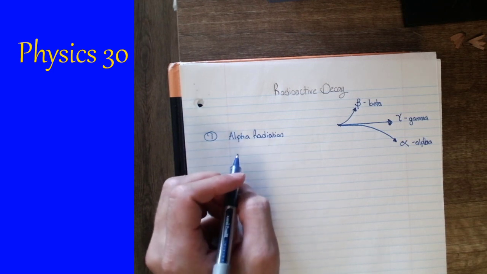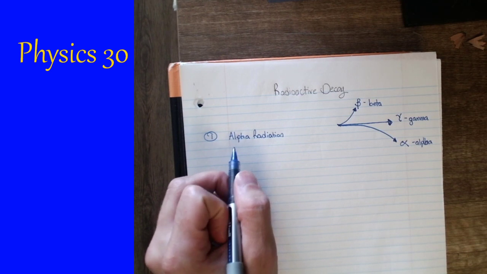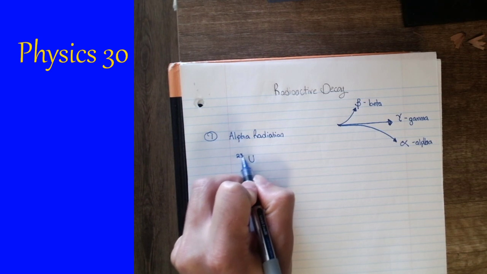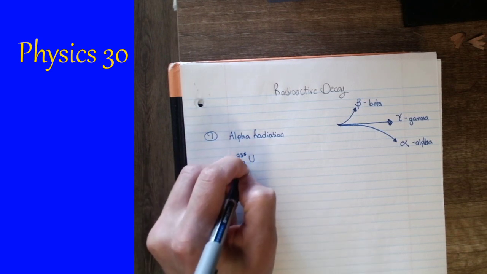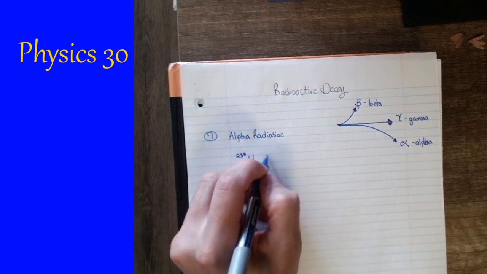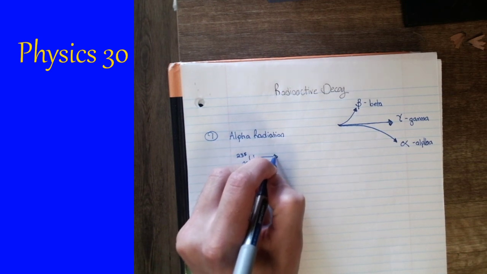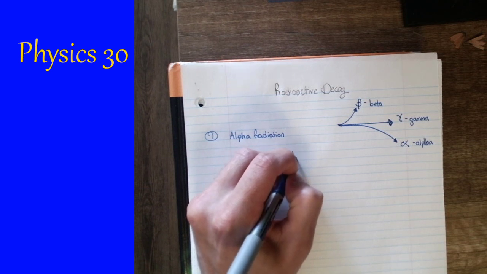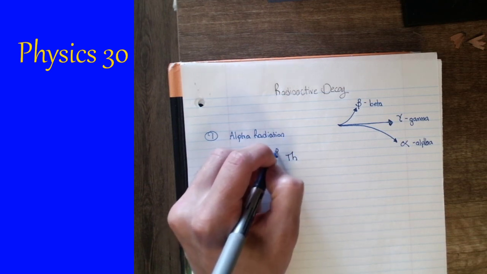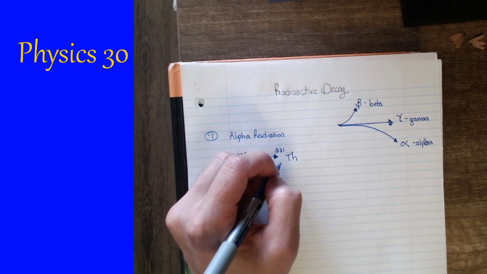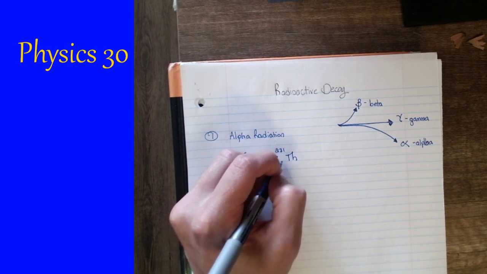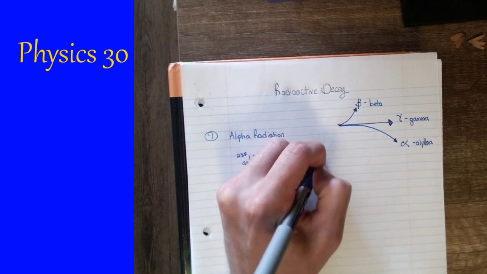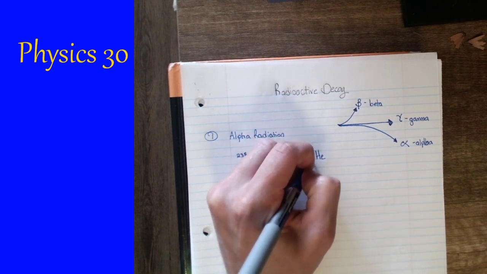It is something like uranium-235, 92, changes into thorium-231, 90, plus helium-4, 2.